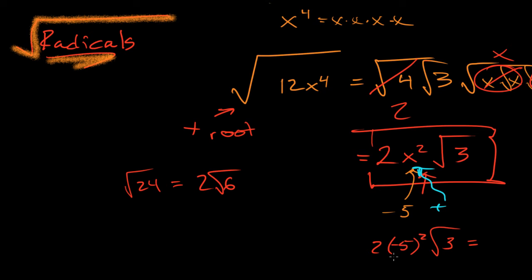In this case I will, because -5 squared is a positive number. This will just be 2 times 25 times the square root of 3. By the same token, if I put a positive number in here and I square it, my answer will be positive. So 2, which is positive, times a positive, will give me all positive answers.